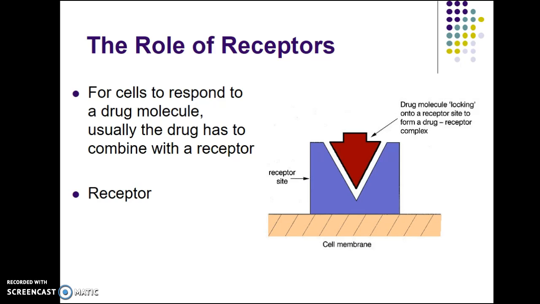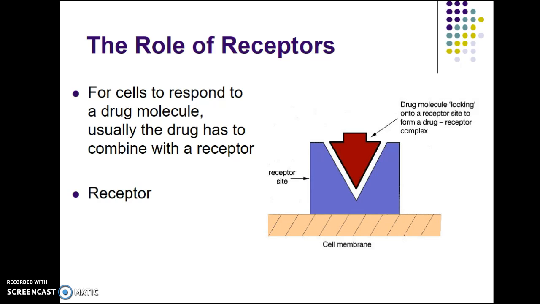The drug sits on the receptor in such a way that it can stay there for a while. It may stay there for a long time or have a strong affinity, is what we call it, for the drug to bind to the receptor, or it may simply touch on it.